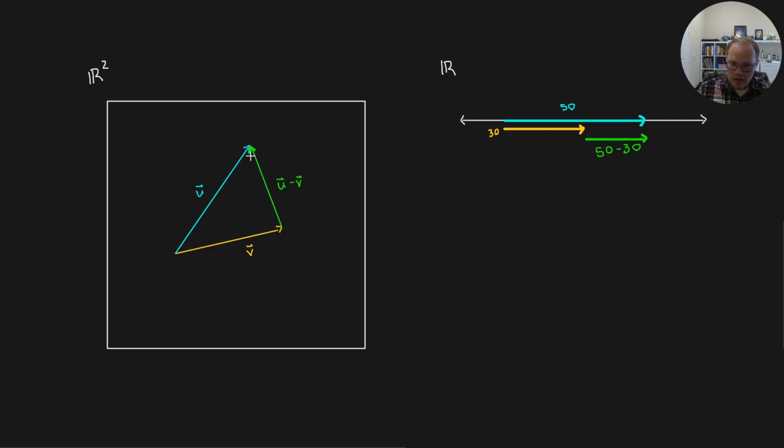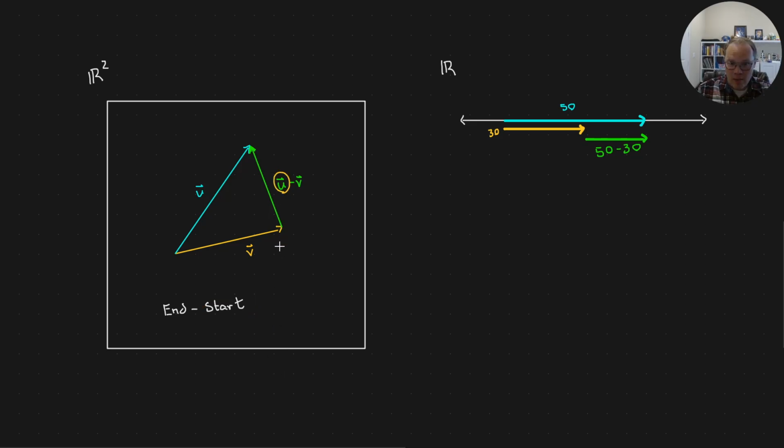It's always end minus start. The resulting vector is end minus start. So the first vector in your subtraction is where the resultant vector will end up. The second vector in the difference is where the resultant vector starts from.